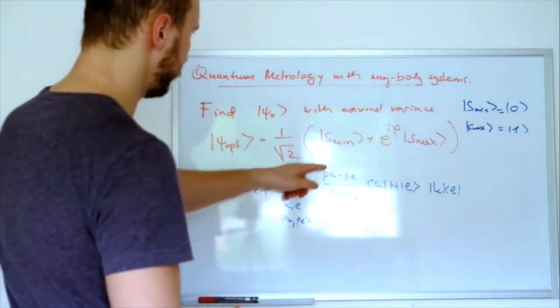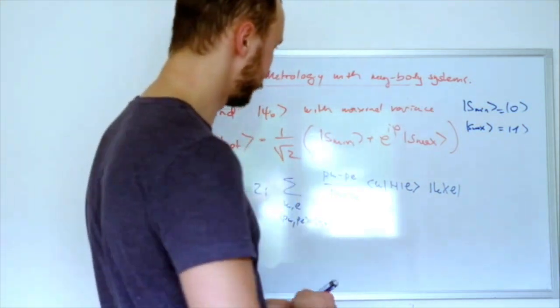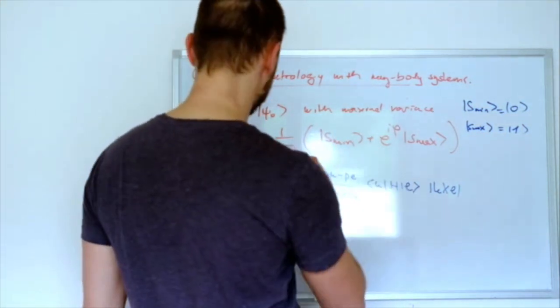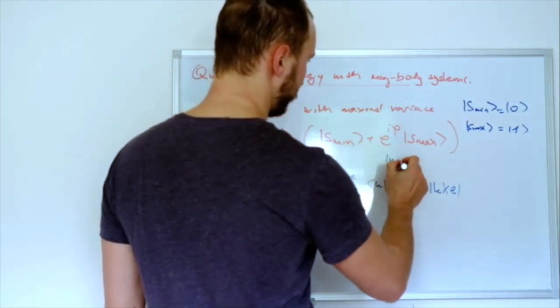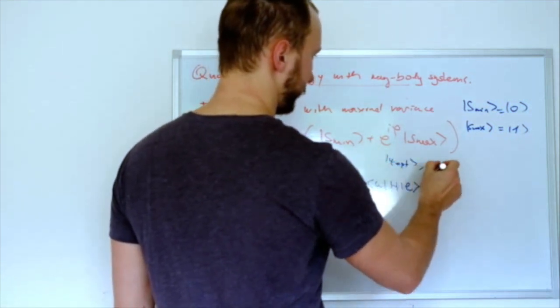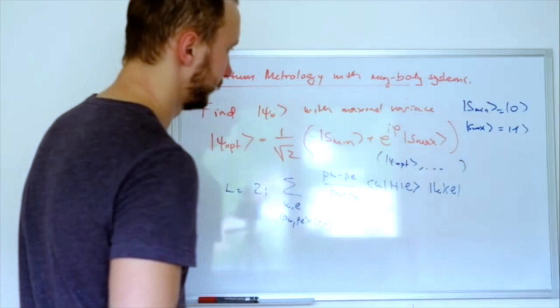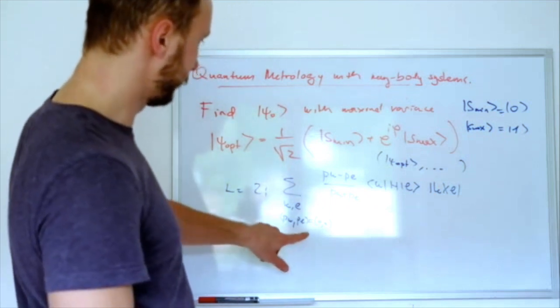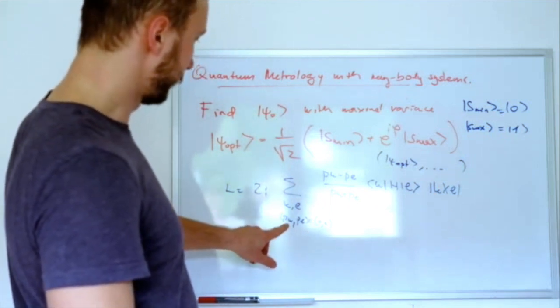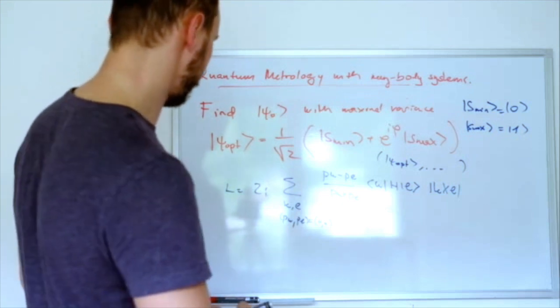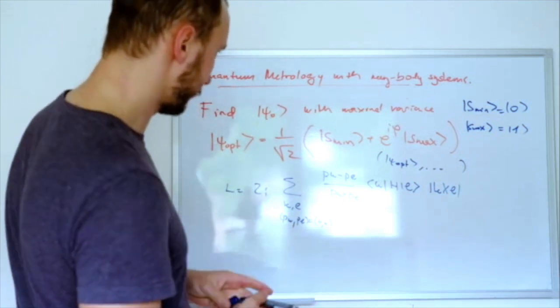So let's see what we have now for our state. Our state is just a rank 1 state. If you look at the basis where it is diagonal, there is just psi opt, which has eigenvalue 1, and then all the other states which are orthogonal. So when we look at the sum over all values where both coefficients are not 0, it means it's actually a single index sum.